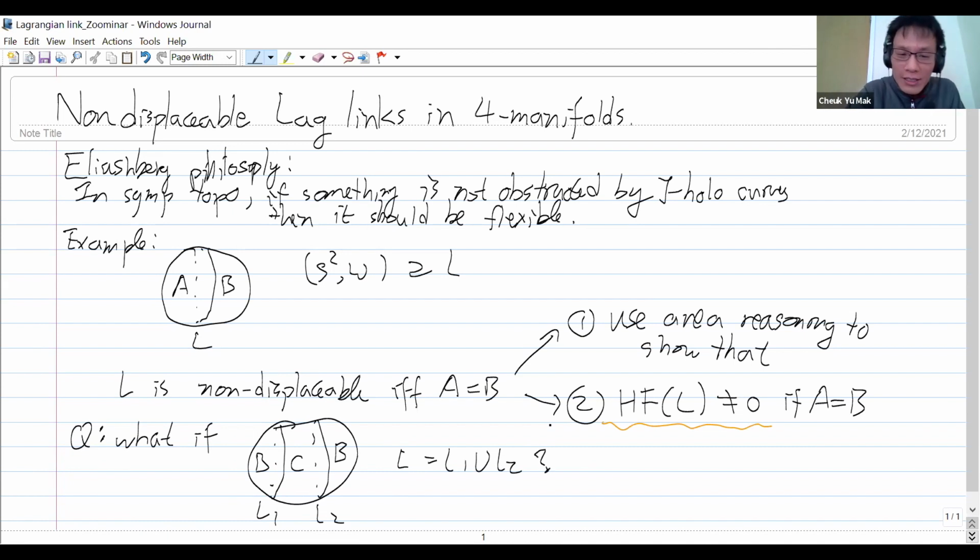In this case, by area reasoning you can convince yourself that when C is small, so when L1 and L2 are sufficiently close to the equator, then the union is actually non-displaceable. When C is less than or equal to 2B, L is non-displaceable.